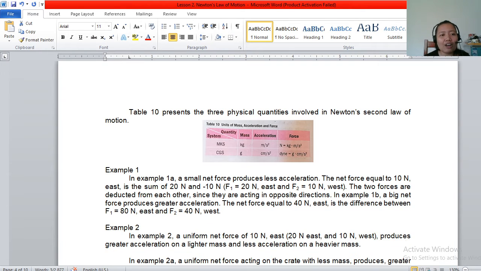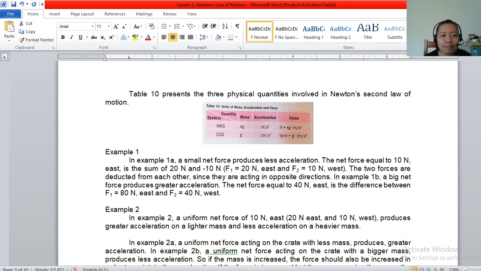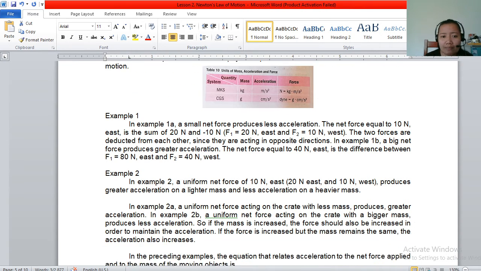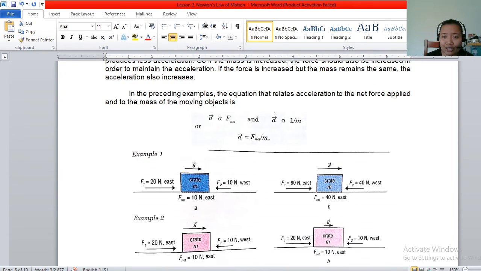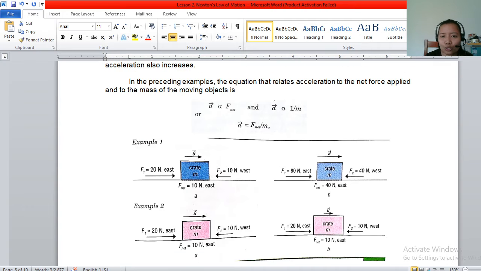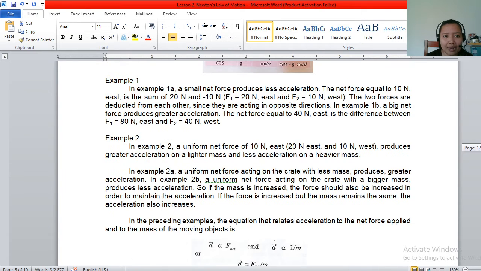So, let's have more examples. In example 1, may illustration tayo dito sa baba. So, just look at the illustration in your module while I am explaining. For example number 1, a small net force produces less acceleration. Okay. Again, kung maliit lang yung net force, ano mangyayari sa acceleration?